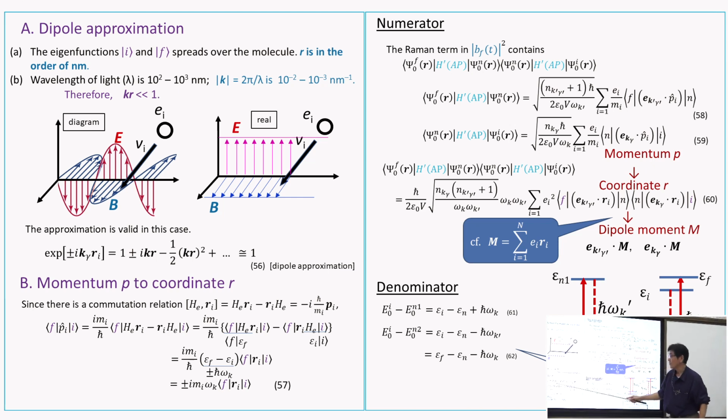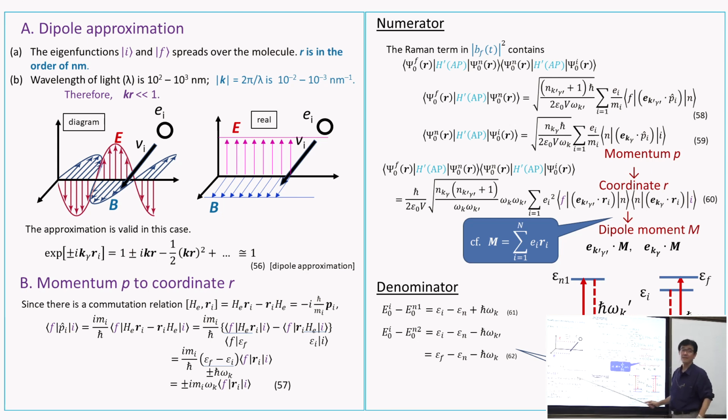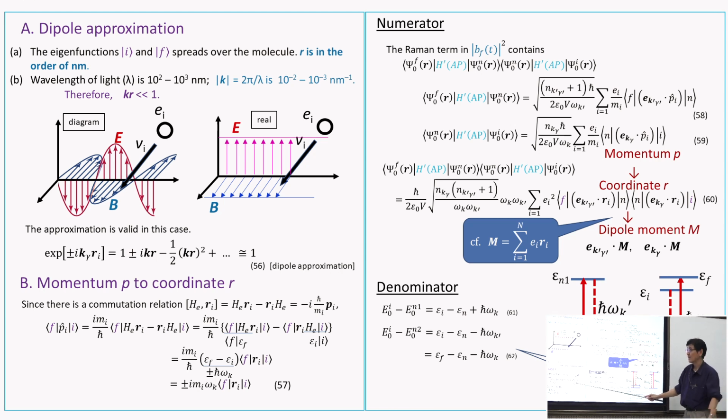And we know f and i are the eigenfunctions of the Hamiltonian of the molecule H_e. So H_e f is replaced with energy E_f times wave function f. H_e i is replaced with energy E_i times wave function i.